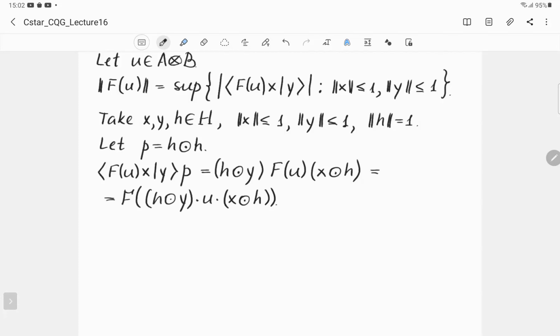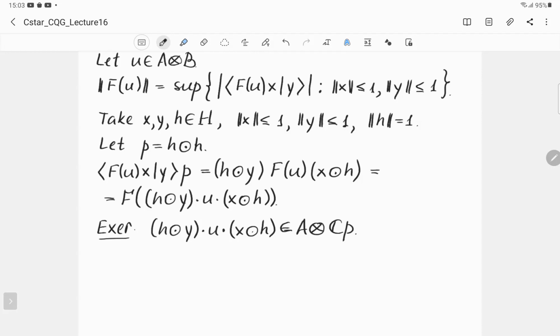Okay, so now we look at this triple product, and we easily observe the following. This is a little elementary exercise to show that this element, well, this is not an operator because this is an element in the tensor product of A by B of H, and this element actually sits in the tensor product of A and the one-dimensional space spanned by P, in A tensor CP.